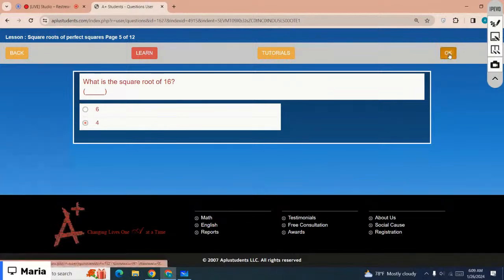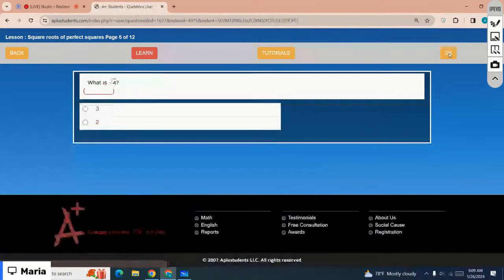The square root of 16 is 4. The next one is, what is the square root of 4? The square root of 4 equals, yes, that is 2.